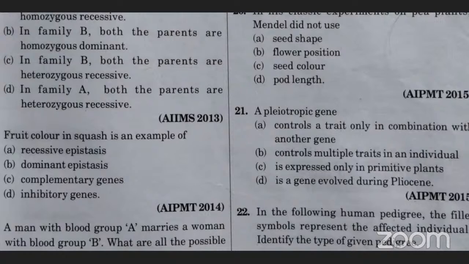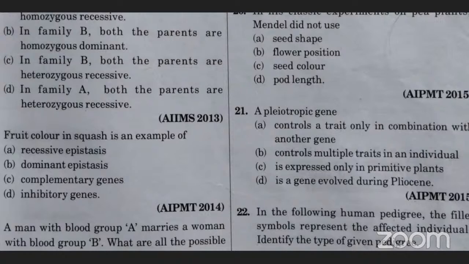In this way, you can prepare multiple choice questions and read past NEET questions. It is easy to find things. Just now I told you that in pedigree analysis, surely they will ask one question. Similarly, in gene interaction, they will ask one question.